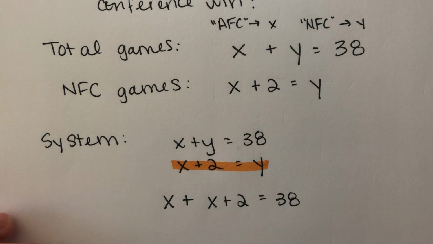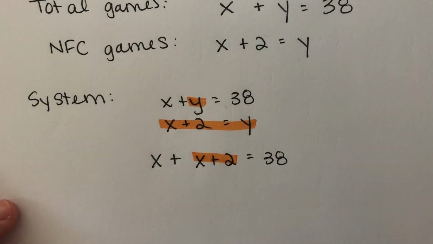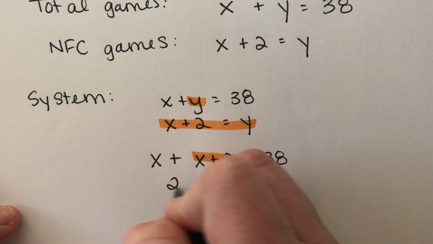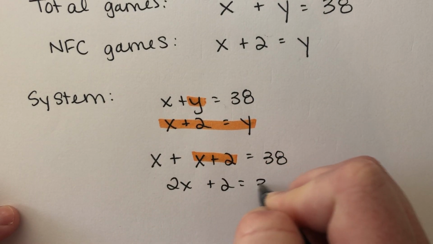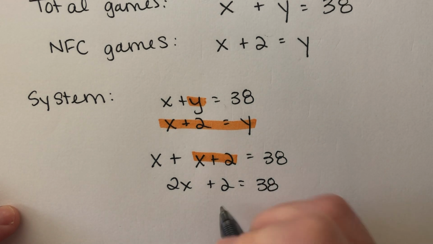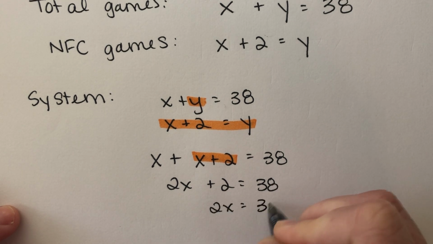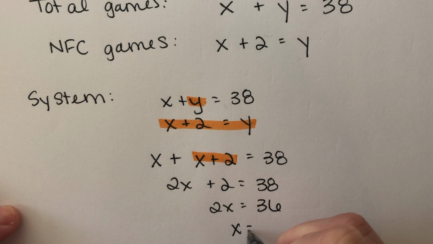All I did was replace this Y with what it's equal to. All right, and then I can solve for X. So X plus X is 2X. Subtract 2 from both sides. Divide by 2. And X equals 18.